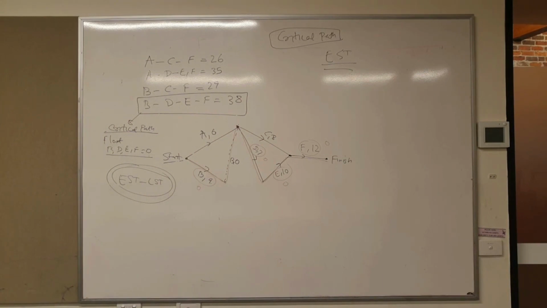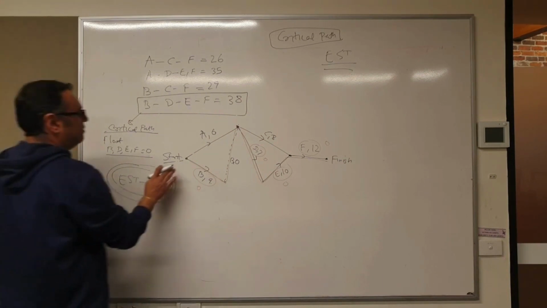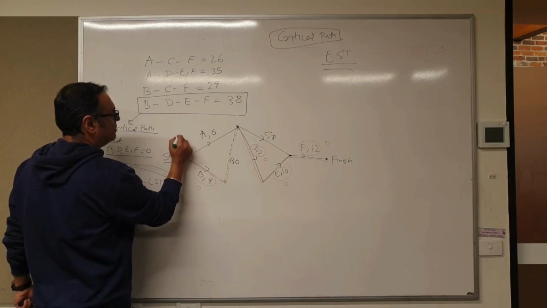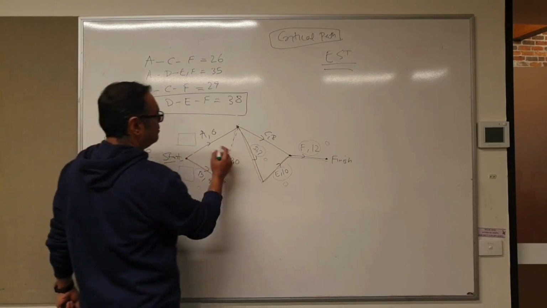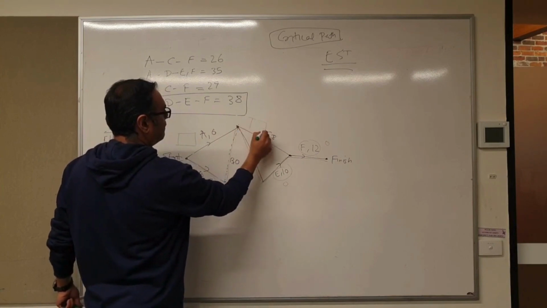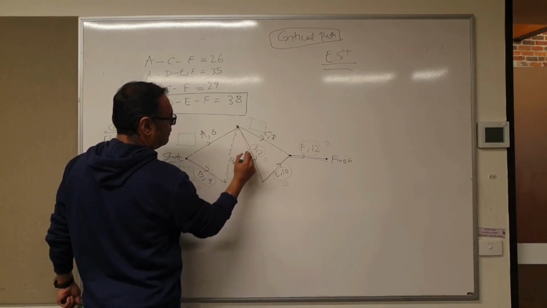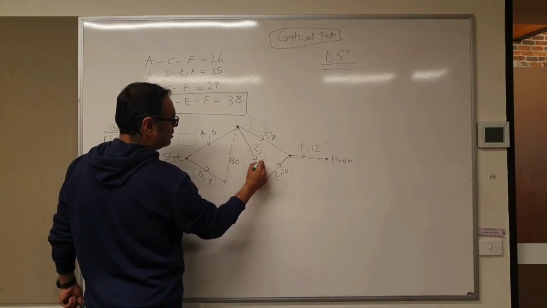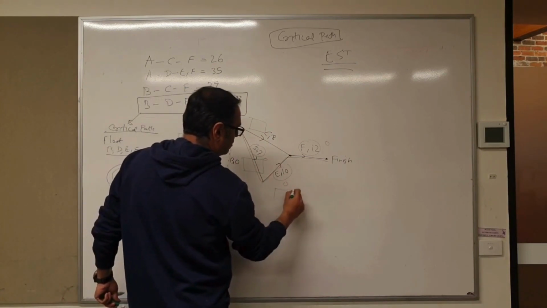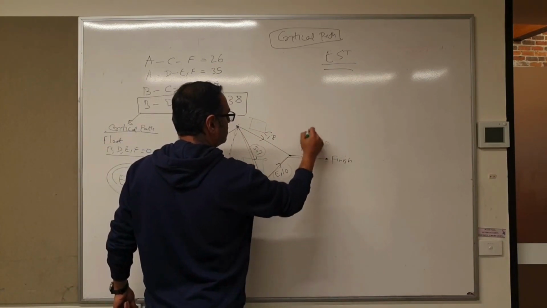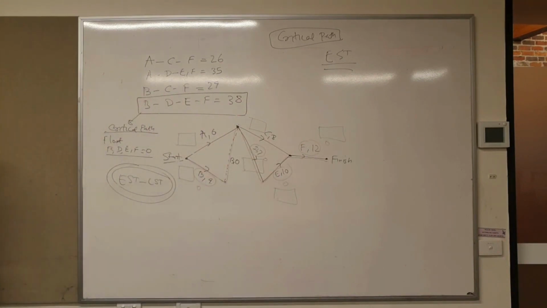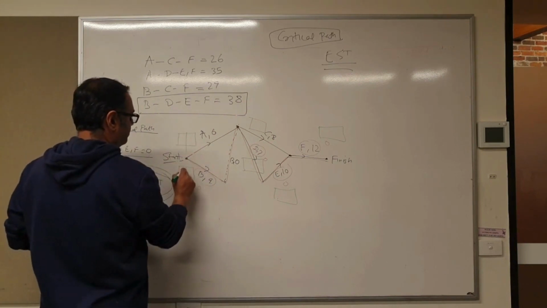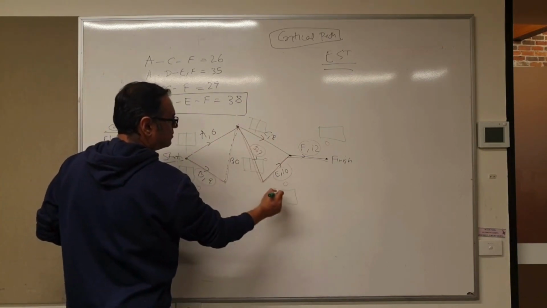What we do is we make a small box for each activity. For D, you've got a box here. For E, you've got a box here. For F, you've got a box here. Now, we divide it into two parts.